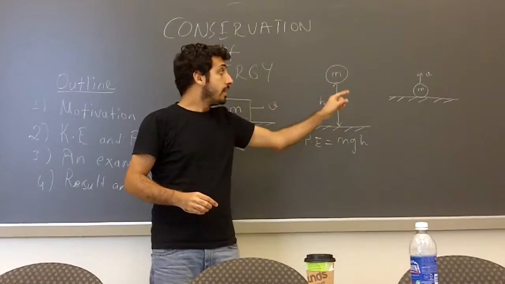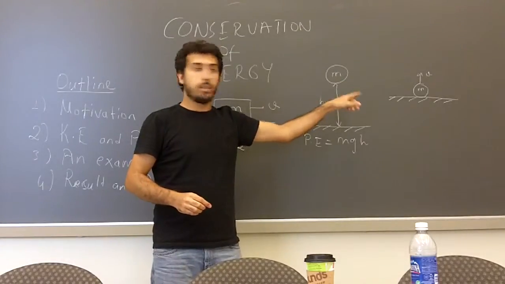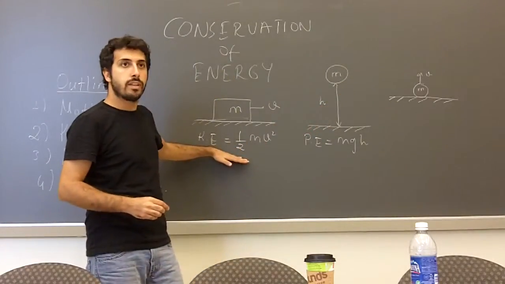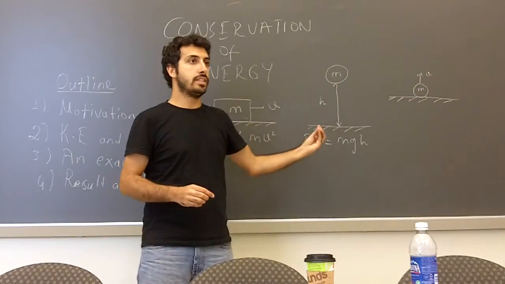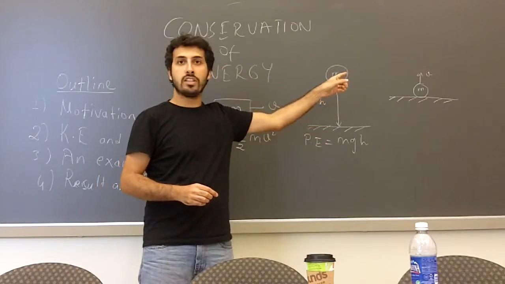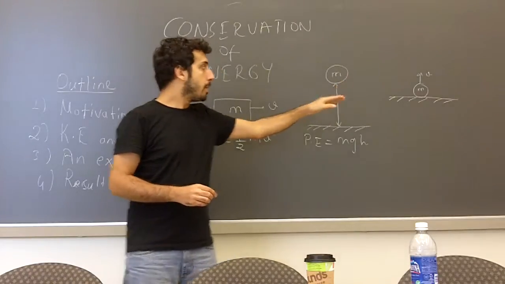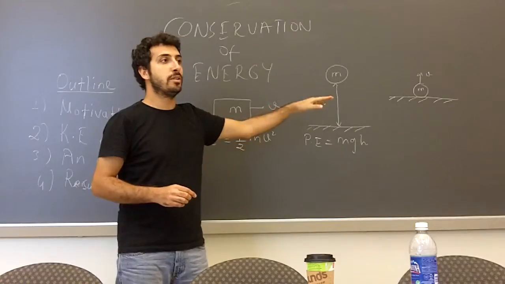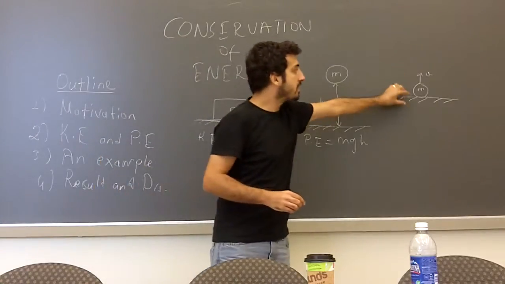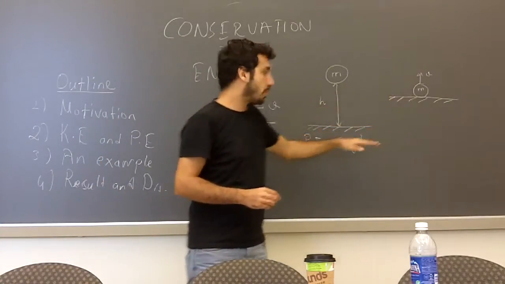At first, from this equation, your mass has kinetic energy because you have initial velocity. How about potential energy? Potential energy is zero because the distance between the ground and the object is zero.